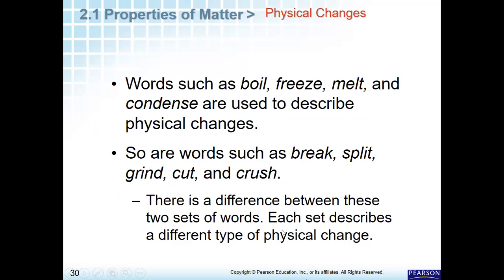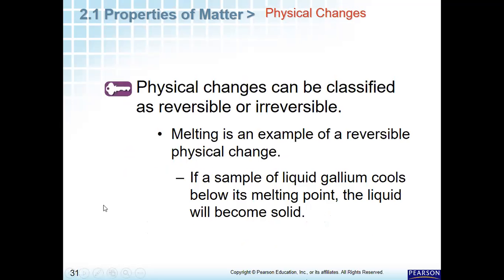There is a difference between, guys, two sets of words. Each set describes a different type of physical change. Physical changes can be classified as reversible or irreversible. For example, melting is an example of reversible physical change.